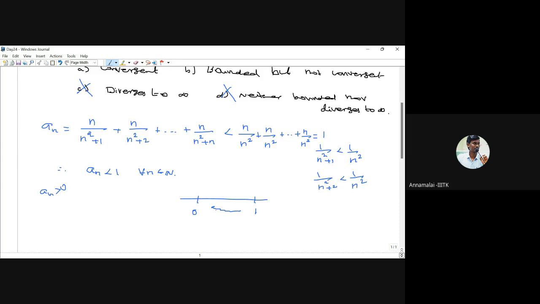If you find a1, what is a1? Substitute n equal to 1, you get 1 by 1 square plus 1, that is 1 by 2. What is a2? 2 by 2 square plus 1, which is 2 by 5, plus 2 by 4 plus 2, which is 2 by 6.